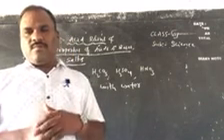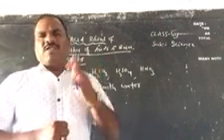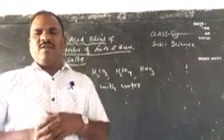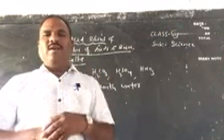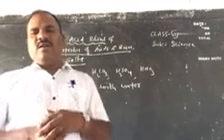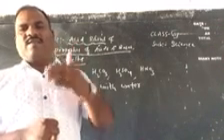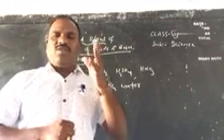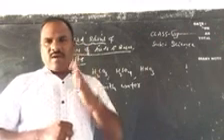Children, industrial waste gases contain sulfur dioxide, nitrogen dioxide and carbon dioxide, etc. When they get mixed with moisture, they change to sulfuric acid, nitric acid, carbonic acid.